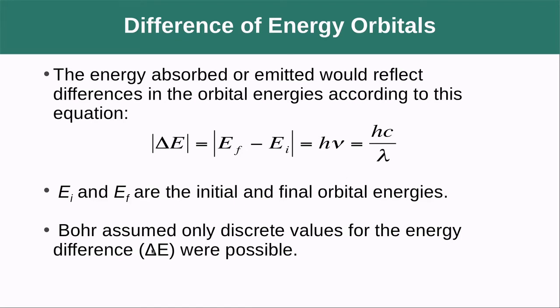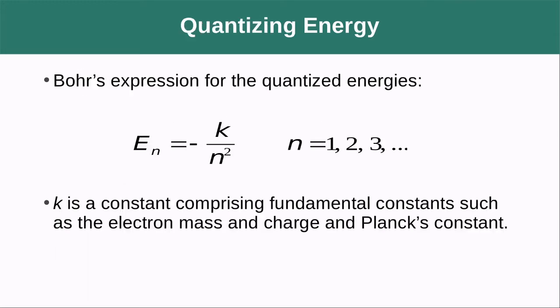And we're going to assume here that there are only discrete values for delta E, that there are only some delta E's that are permissible. And he came up with this expression for that, where he says that the energy values that are possible are all going to be some constant divided by n squared. They're always going to be negative in this scenario.